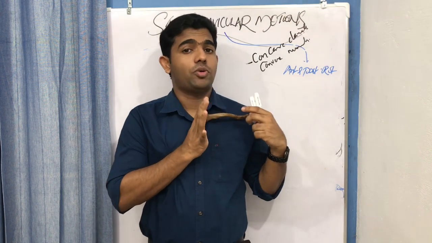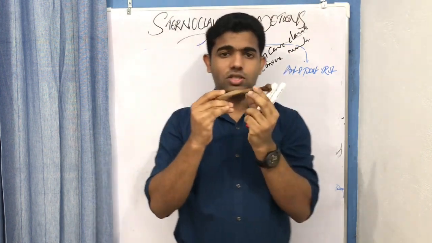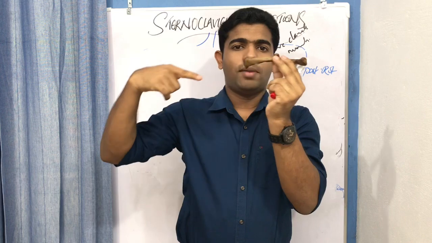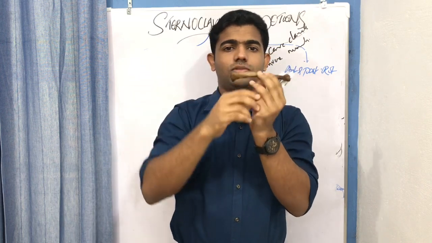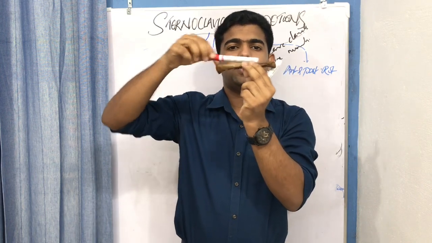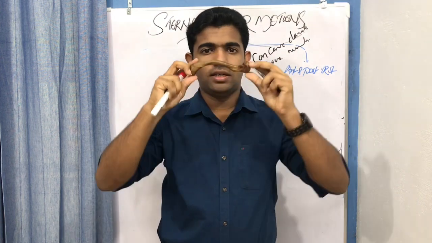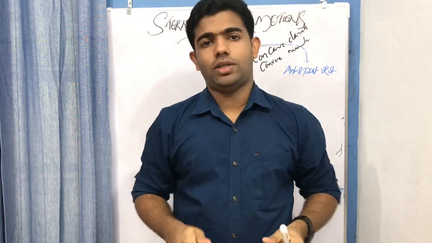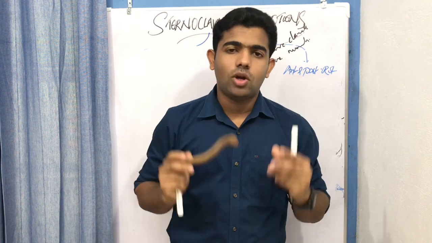So the longitudinal axis of this clavicle will not be this one, but it will pass through the bone like this. Rotation of the clavicle happens around the longitudinal axis.